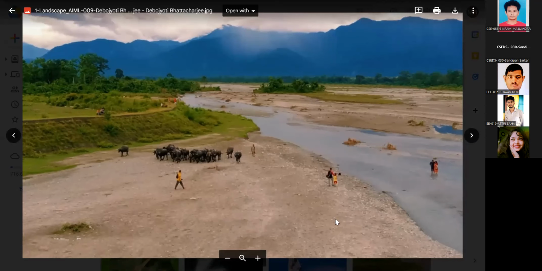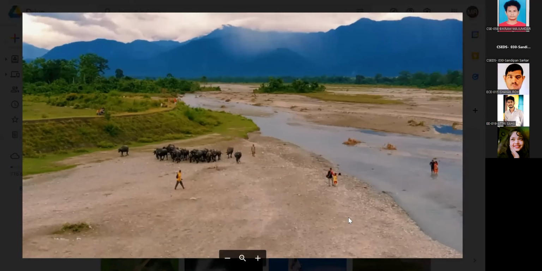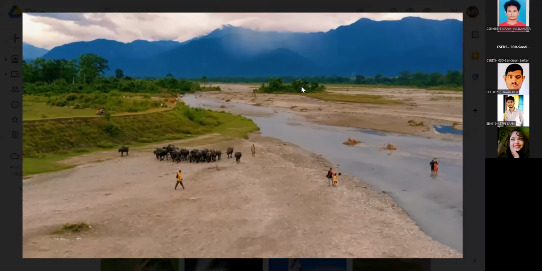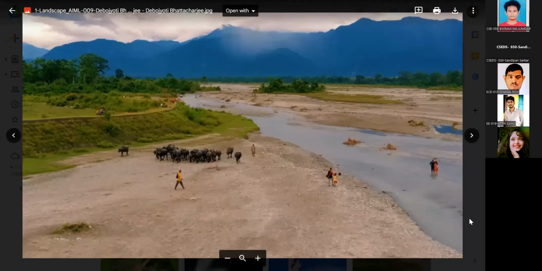You know that the region very near to you is called the foreground, and the things after the mid area of this image are called the background. So the drama is in the background, but you have shown a lot of foreground where nothing is there. So I must say this is the main flaw of this picture. Okay, got the point, Debojyoti?